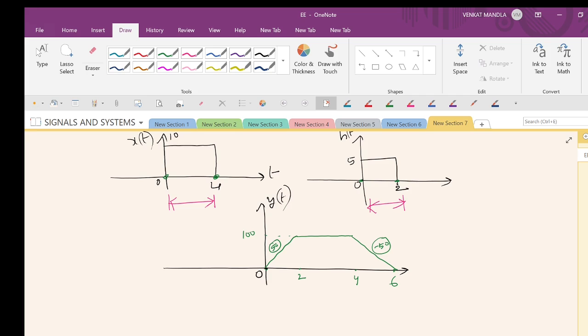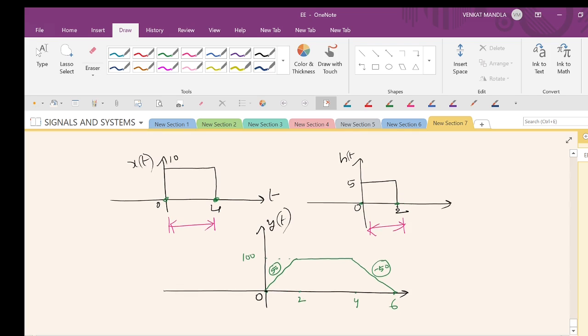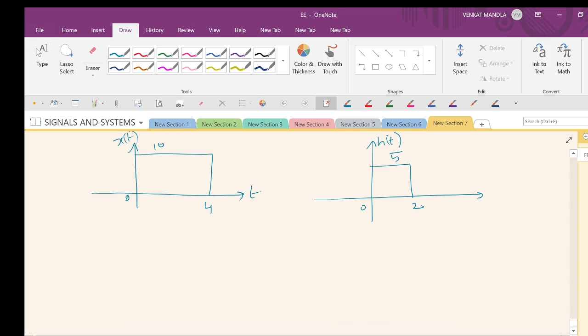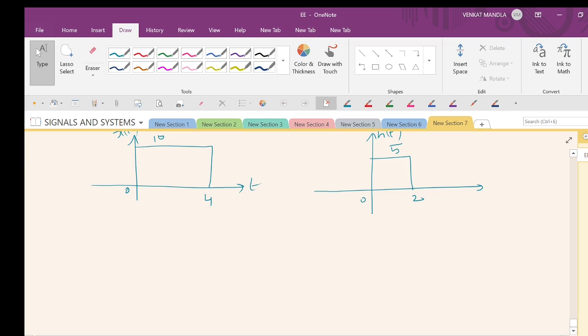If these two widths are equal, then we will get a triangle. So how to write this trapezium? These are the two signals, and the output we got goes from 0 to 6, with the flat part from 2 to 4.